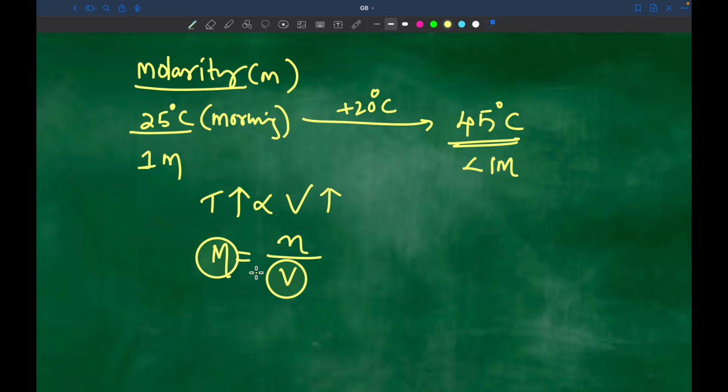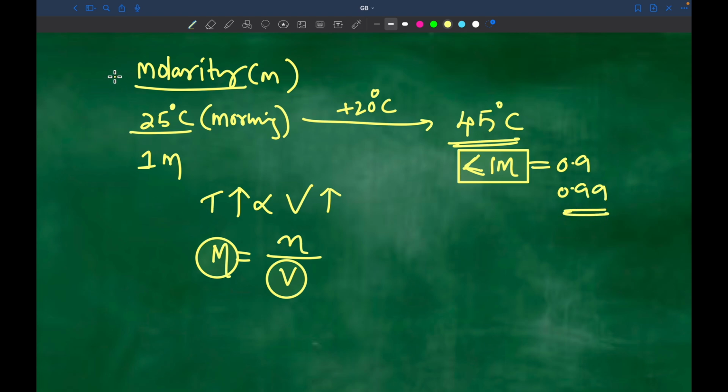So that's why if temperature increases, volume increases, and volume is inversely related to the molarity. Therefore, the molarity of the solution after raising the temperature should be less than 1 molar, like 0.9 or 0.99, something like that.